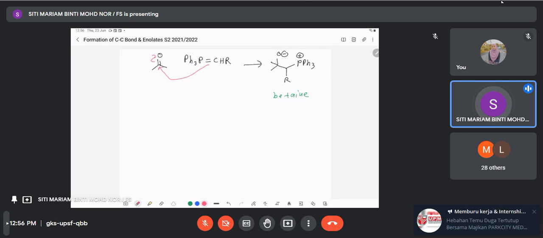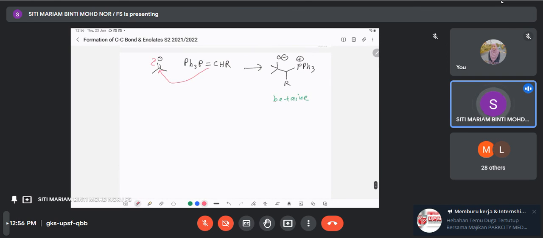So what will happen here? Because you have a negative charge on this structure, your oxygen tends to donate electrons to your phosphorus. If I draw it, oxygen donates electrons to phosphorus, meaning you produce a new bond between oxygen and phosphorus. So you have PH3 like that, and then continue the rest, you have this.